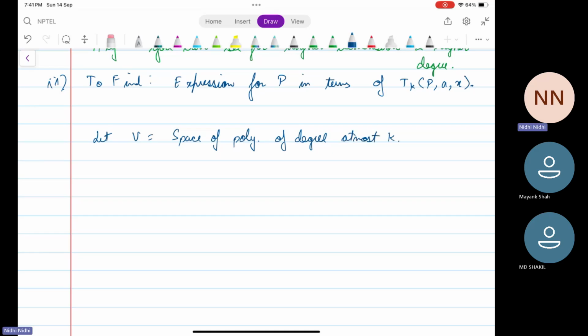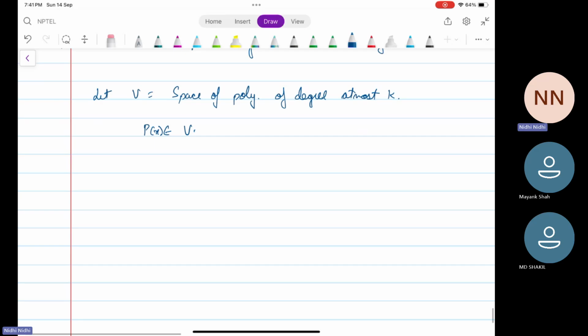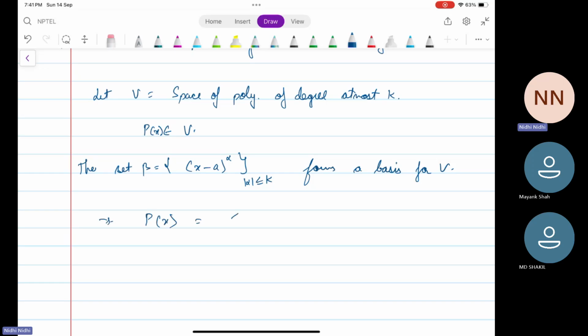We know that this V is a vector space and p(x) is an element of V. Also, we know that the set of (x minus a) to the power alpha, where alpha is the multi-index with mod alpha less than or equal to k, this set, I'll write it as beta, forms a basis for V. This implies we can write p(x) as the summation over mod alpha less than or equal to k of d_alpha times (x minus a) to the power alpha, just a linear combination of vectors in the basis.